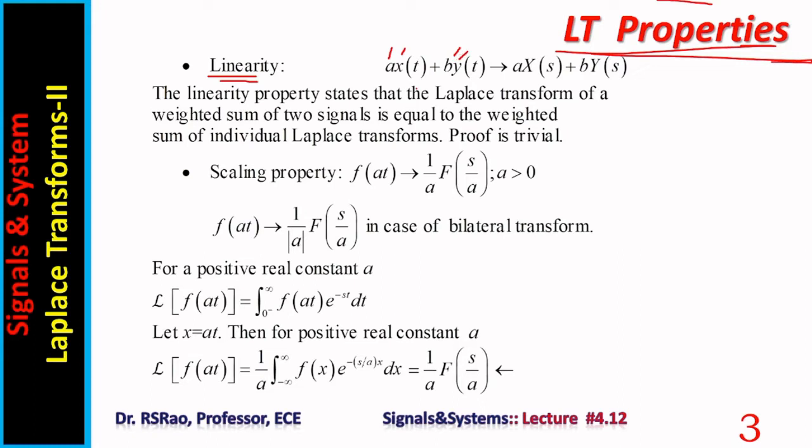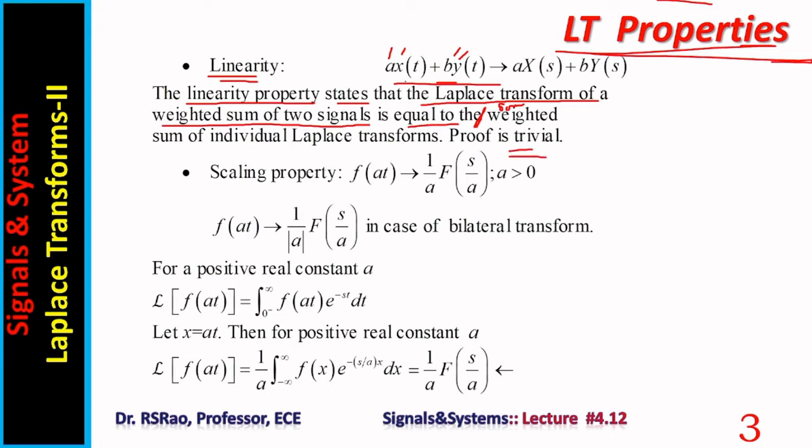In word form, the linearity property states that the Laplace transform of a weighted sum of two signals is equal to the same weighted sum of individual Laplace transforms. Proof is trivial.